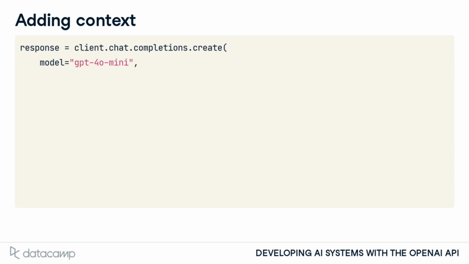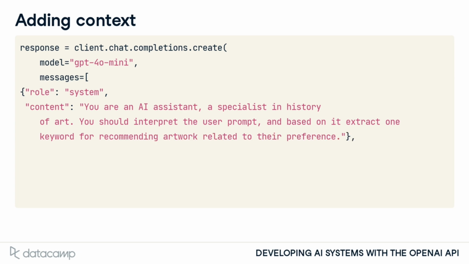As we've seen, it is important to give context to the model, and in this case, we want to make sure it uses the user message to generate one keyword that will then be used as input for calling the external API. So we provide a specific system message asking to interpret the prompt and based on it, extract one keyword for recommending artwork related to their preference.